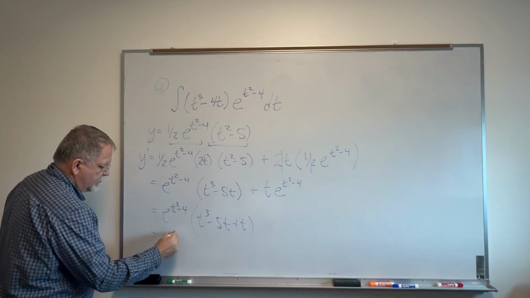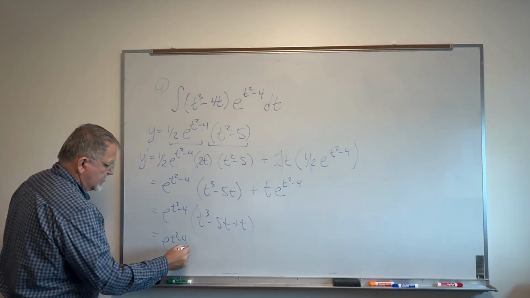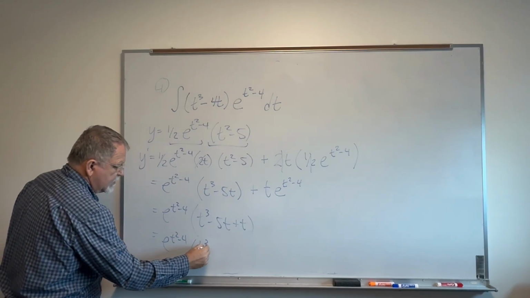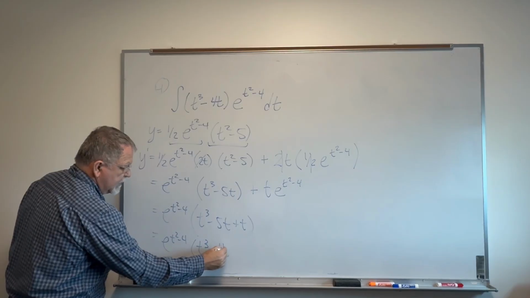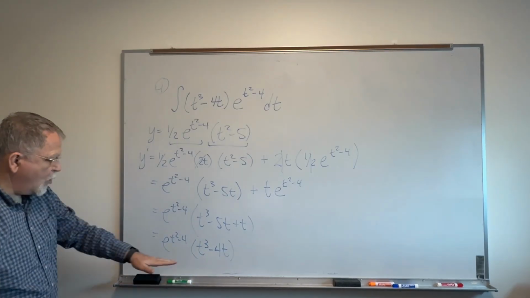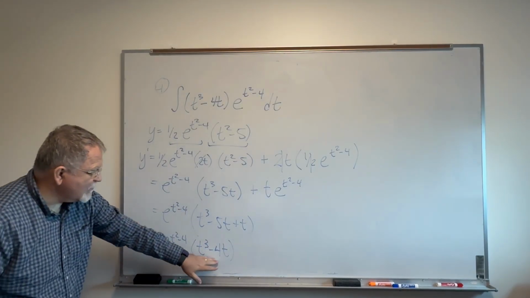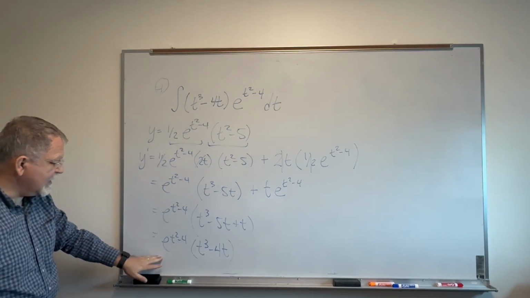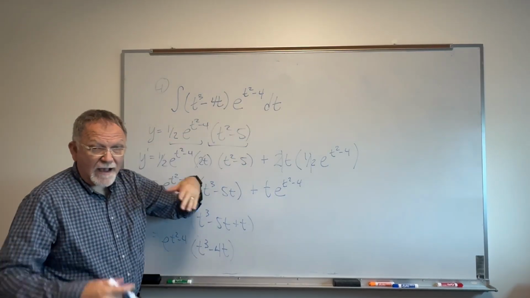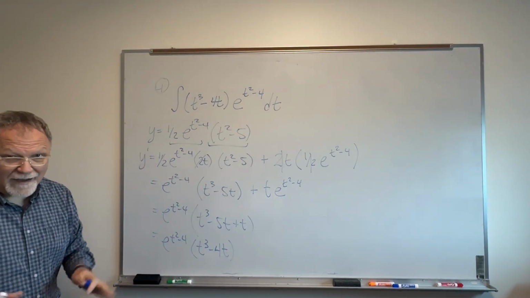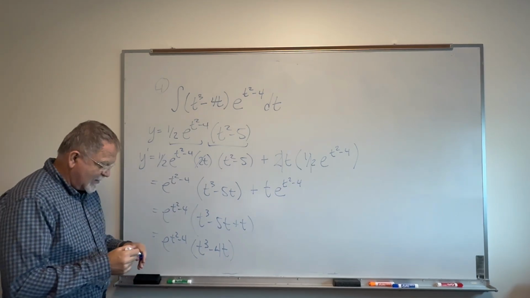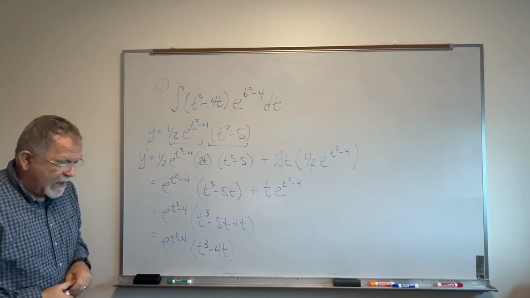So e to the t squared minus 4 times the quantity t cubed minus 4t. And I'm looking up here, and I'm hoping it looks the same. T cubed minus 4t, there it is. E to the t squared minus 4, there it is. I've done this problem correctly. Okay, that was a little bit of work. Next, we'll move on to problem number 5.